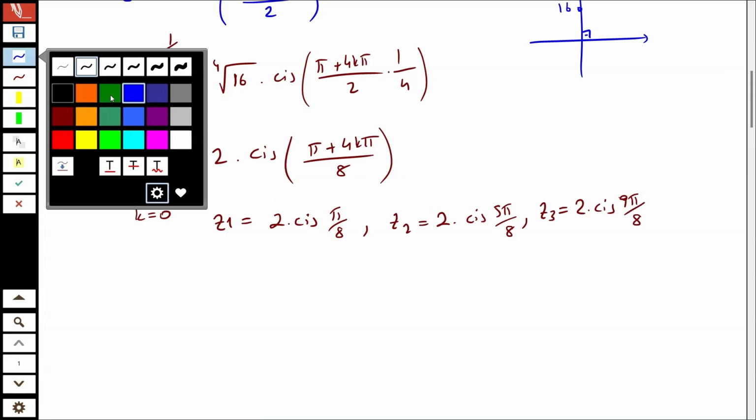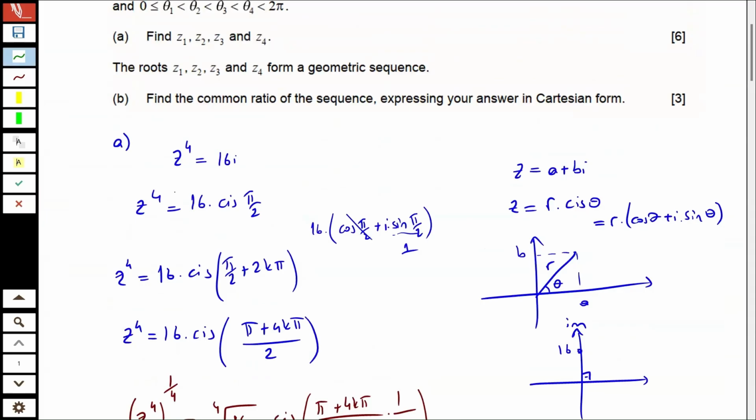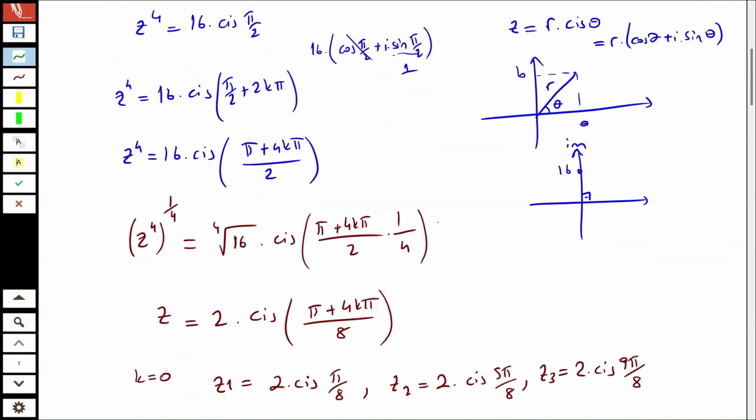And the fourth root is going to be 2 times cis 13 pi over 8, right? By the way, we call this De Moivre's theorem. It's better to write it.